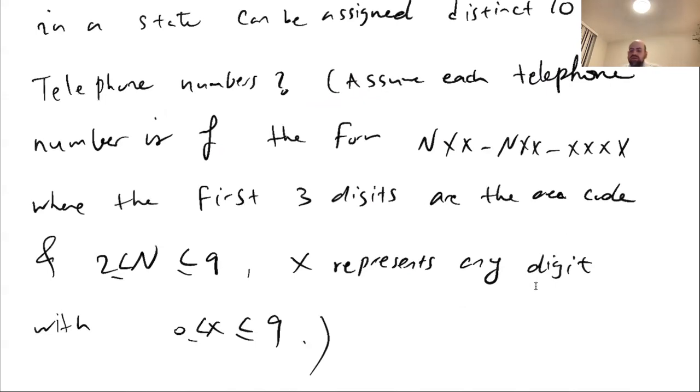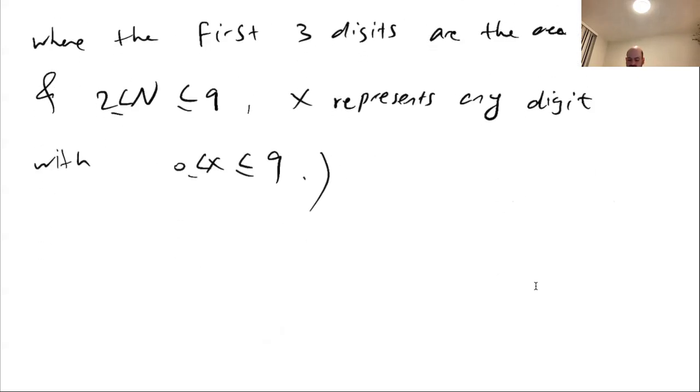To match this with the generalized pigeonhole principle, I need boxes and objects. Each phone number is 1 box, and the people are the objects. So first, let's see how many phone numbers we have of this form.